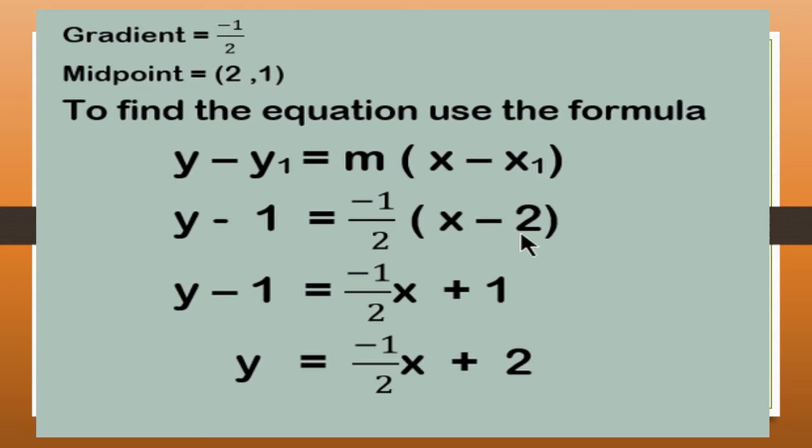Substituting 2 and 1 and expanding the bracket by multiplying -1/2 inside, we have -1/2 x, and -1/2 times -2 gives you 1 here. This -1 we shift to the right side, so we get the equation of the perpendicular line as y is equal to -1/2 x plus 2.